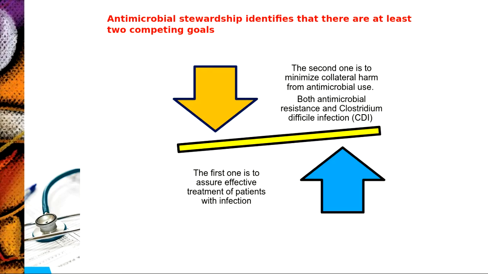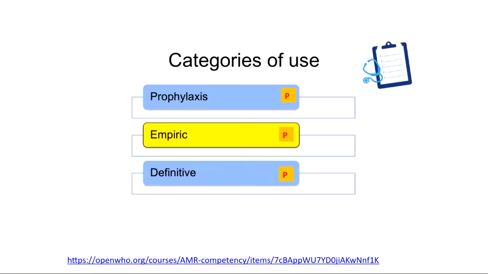And in the long term, resistance we know may lead to, there's a report, I don't have the slide for that one, that in 2050, deaths from resistance will be more than accidents and more than oncology together. So when you are using antibiotics, we are using them for three purposes: either prophylaxis, empirical, or definitive.